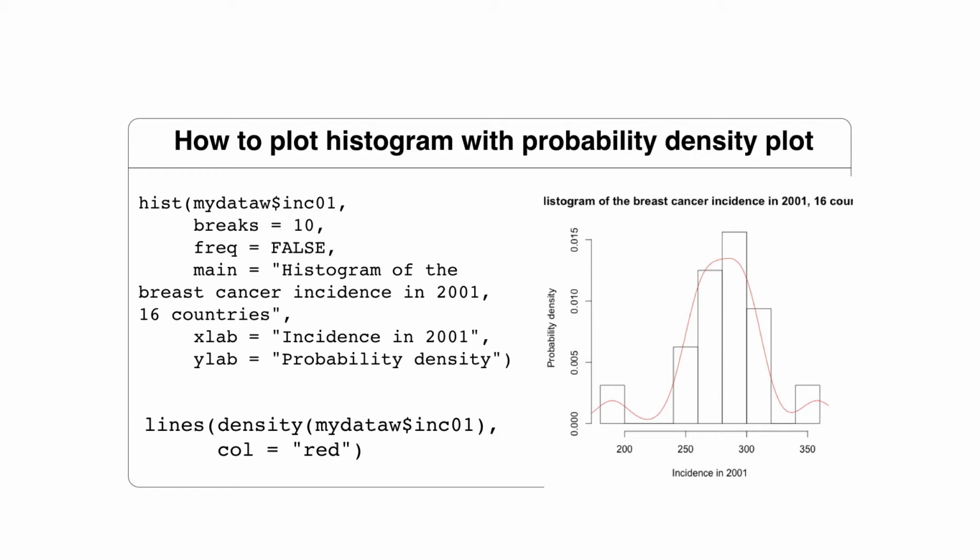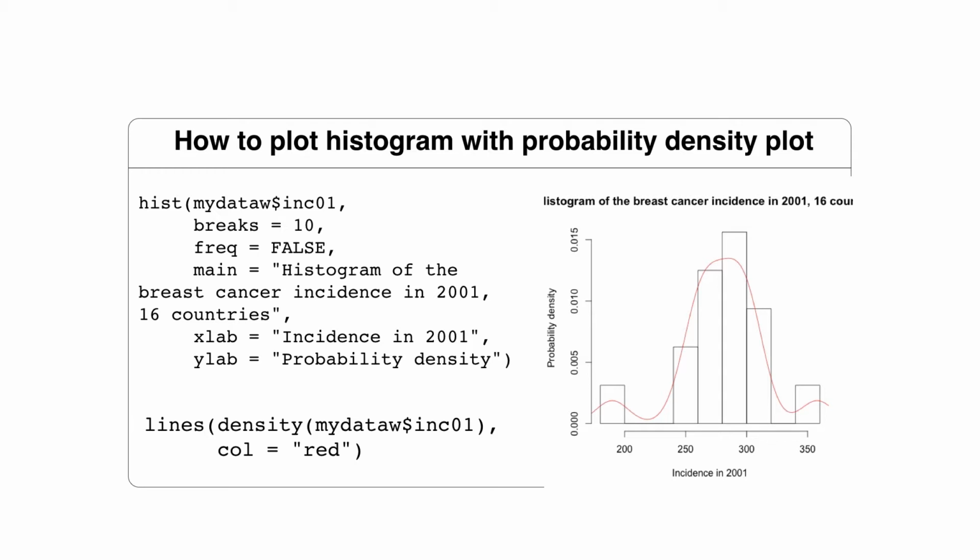Then note the biggest difference between a histogram and a bar plot. In a bar plot, you have to construct a table or give aggregate data to the program. In this case, you can take a variable directly from the data set and put it in.